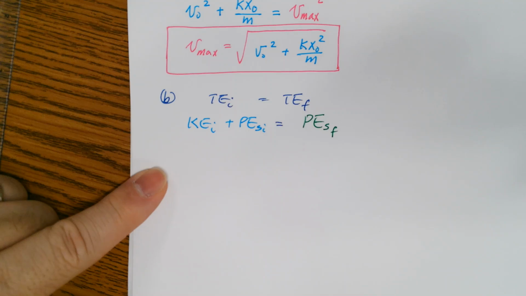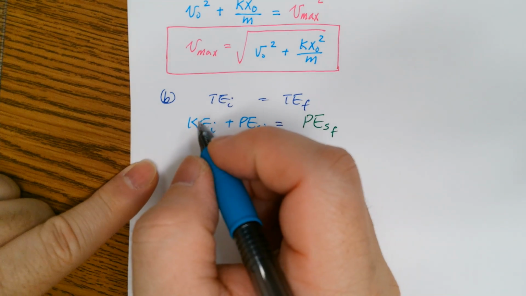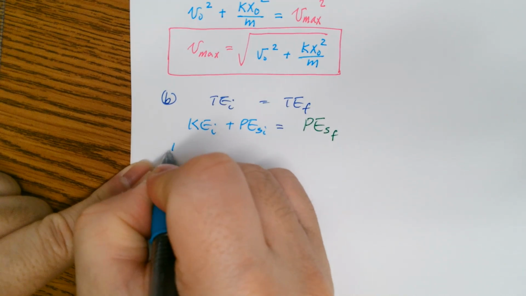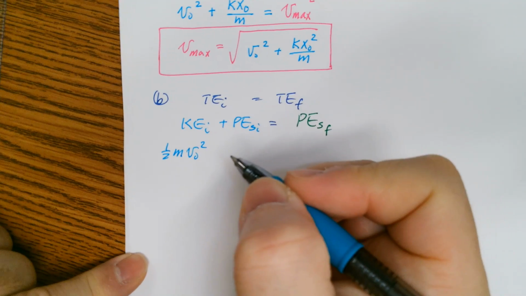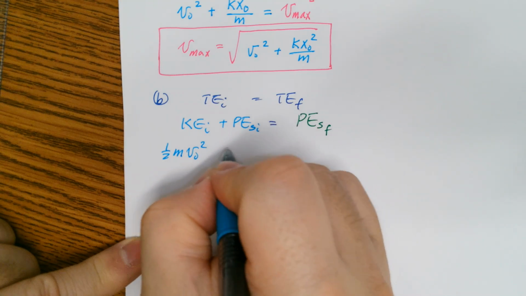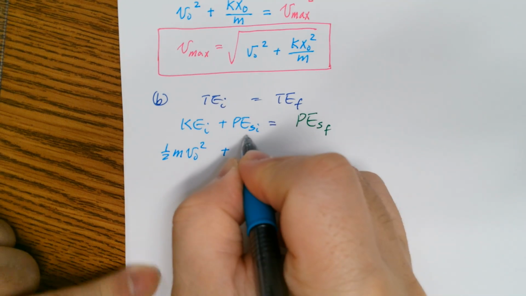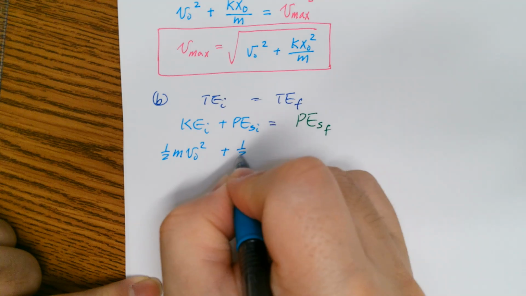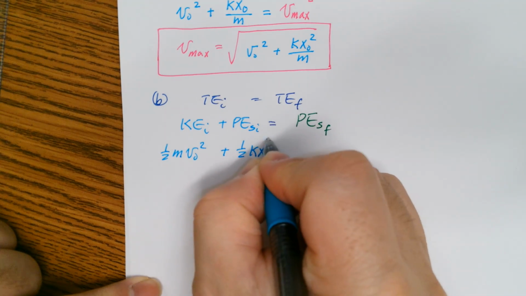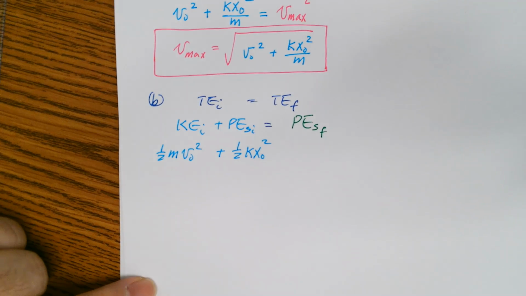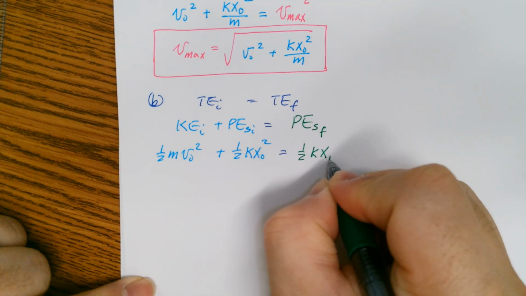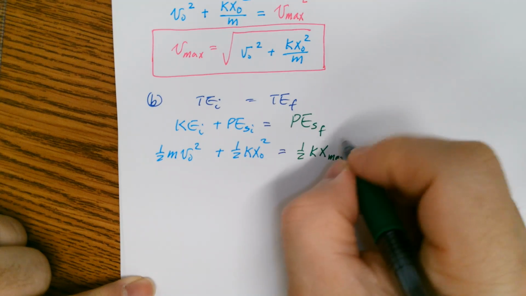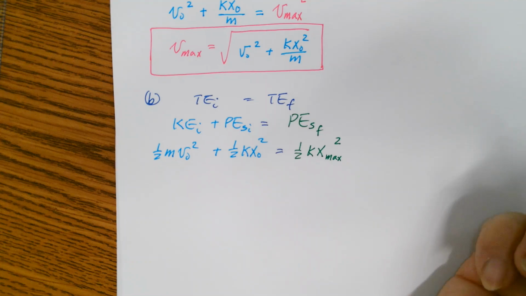So kinetic energy initial, again, is equal to 1/2 m v naught squared plus potential energy of spring, 1/2 k x naught squared, is equal to 1/2 k x max squared.